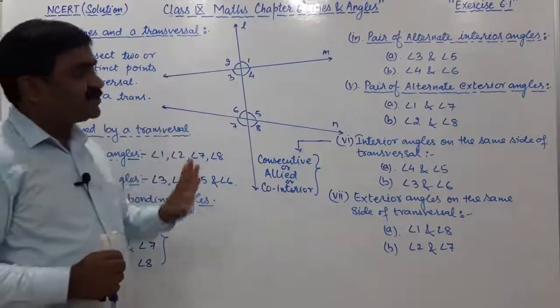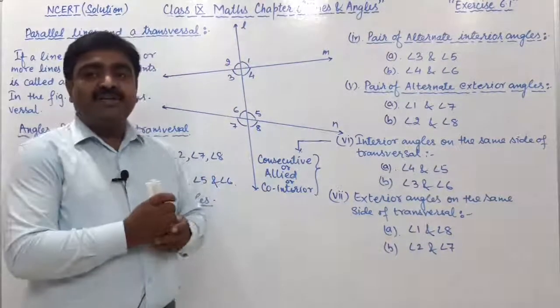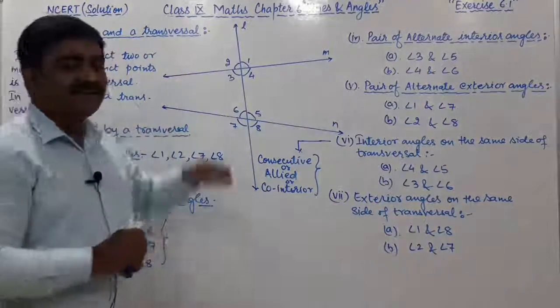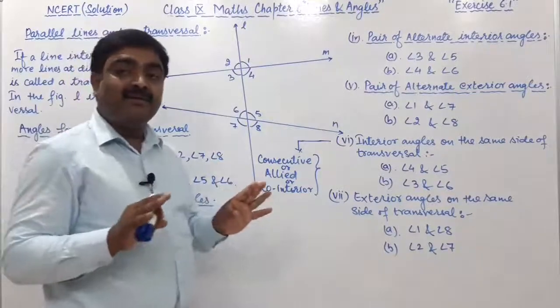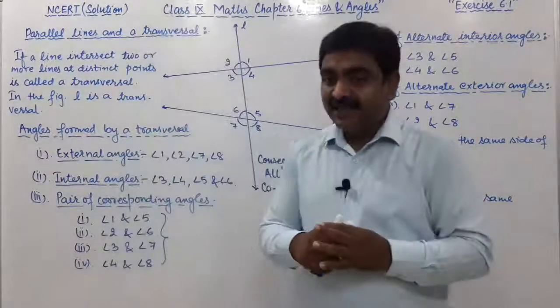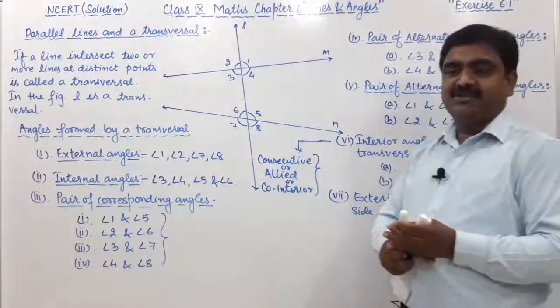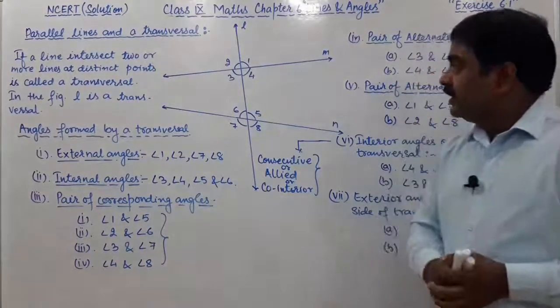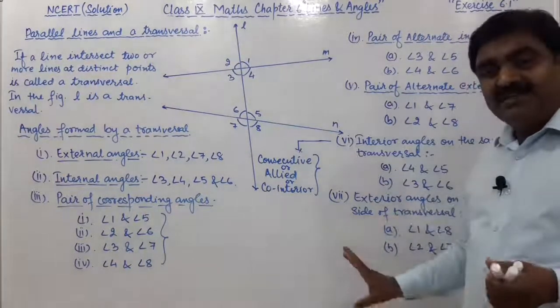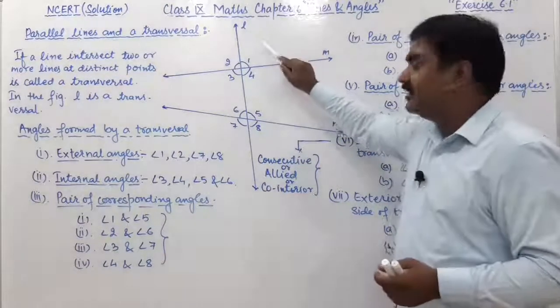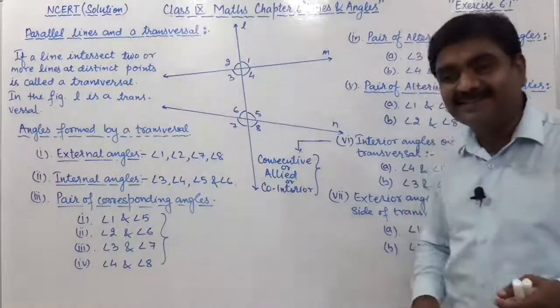Now we are going to study parallel lines and the transversal. We have to read the axioms and theorems based on this. So these are the basic terms related to a transversal intersecting two straight lines.